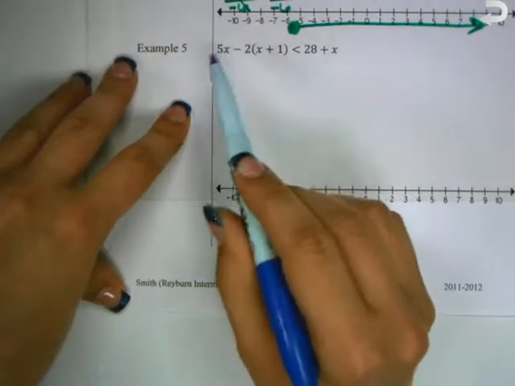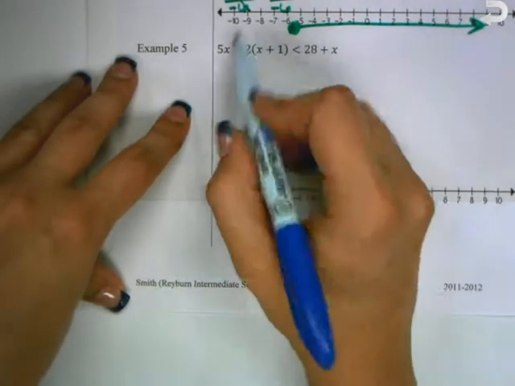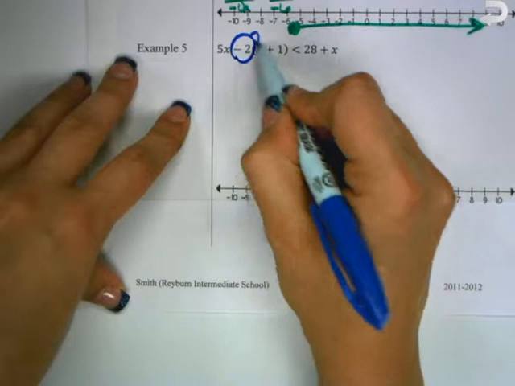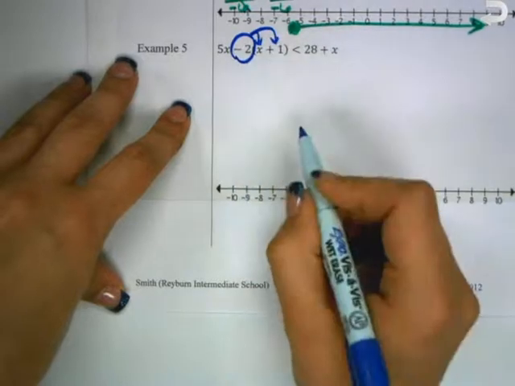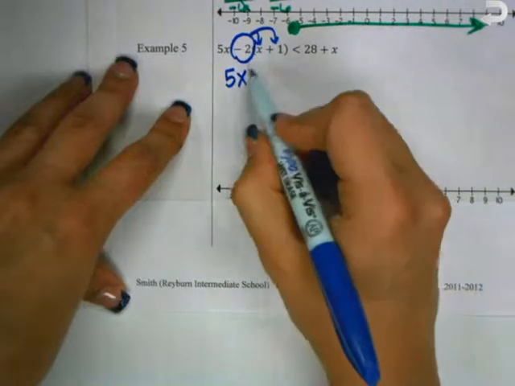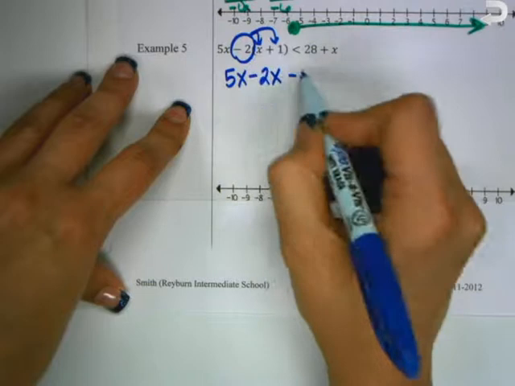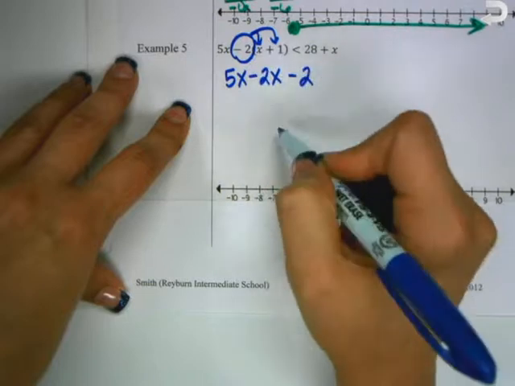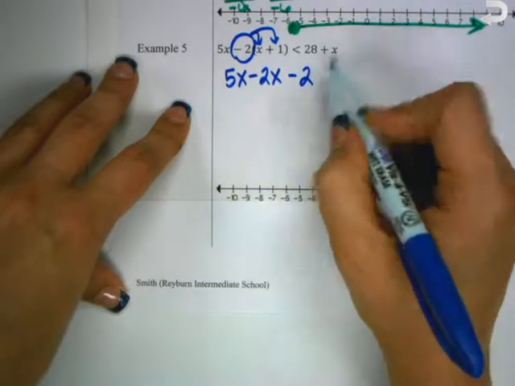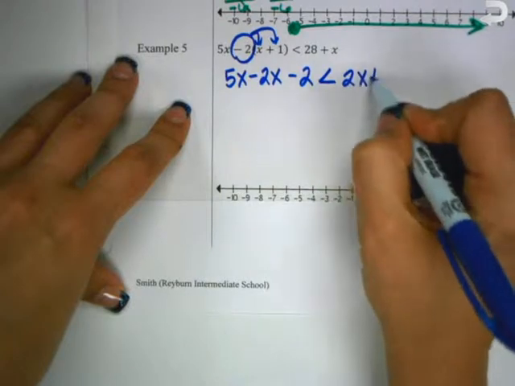So I would get 5x minus 2x minus 2 less than 28 plus x. Is the left-hand side simplified all the way yet?